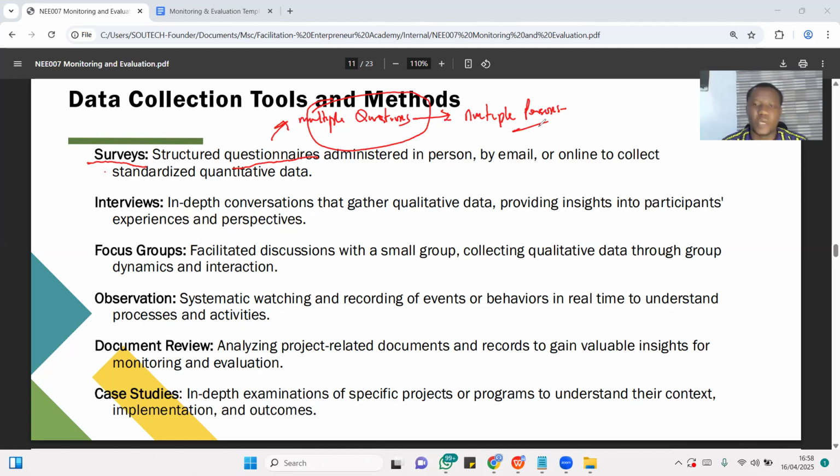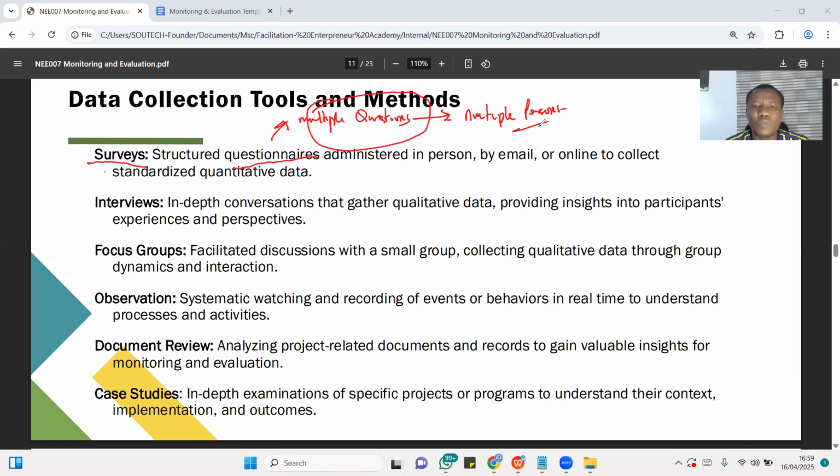Multiple questions will mean you ask question 1, question 2, question 3, question 4, question 5, question 6. All of them together in a sheet, you call it a questionnaire. Now, you administer it to multiple persons. One of the reasons why you do that is to know what the other person at the other end is thinking. You want to have that particular knowledge. And there are some principles about all of this.